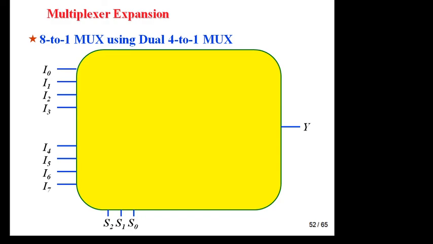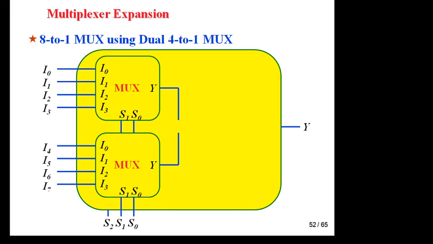One more thing, the multiplexer tree, how to implement a higher order multiplexer by lower order multiplexers. Suppose there is an 8:1 multiplexer and you have to implement it by using 4:1 multiplexers. What you need, just divide these two. 8 upon 4 equal to what? 2.